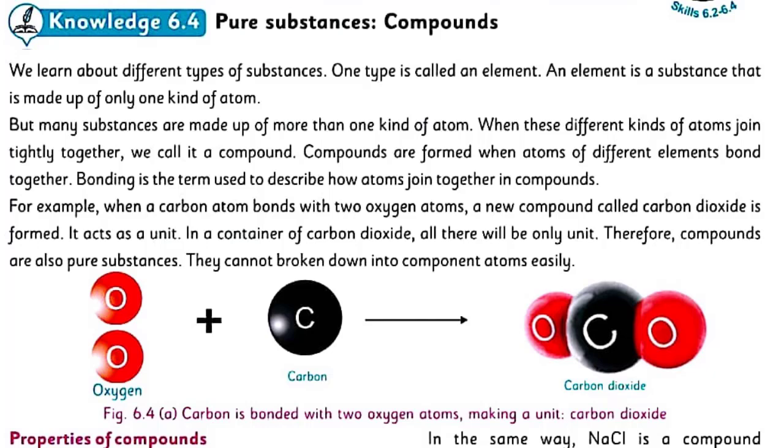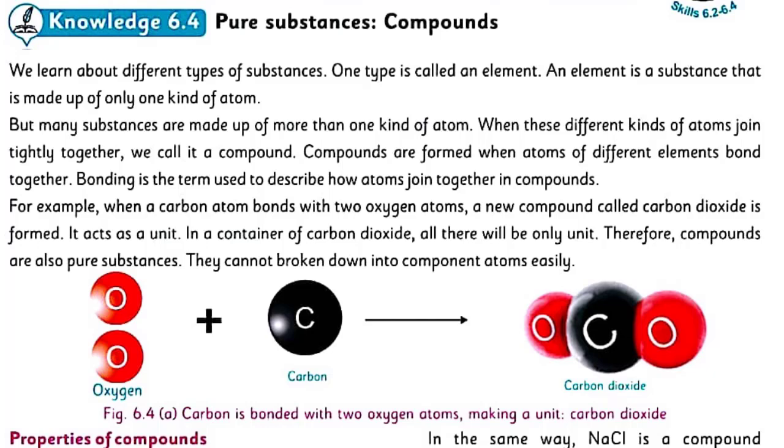Compounds are formed when atoms of different elements bond together. Bonding is the term used to describe how atoms join together in compounds. For example, when a carbon atom bonds with two oxygen atoms, a new compound called carbon dioxide is formed.